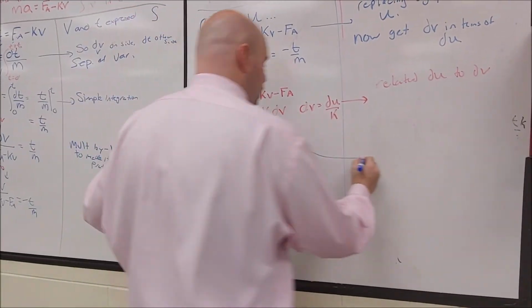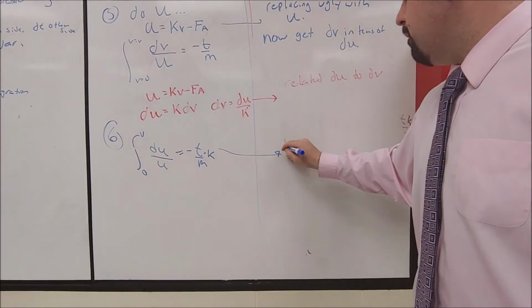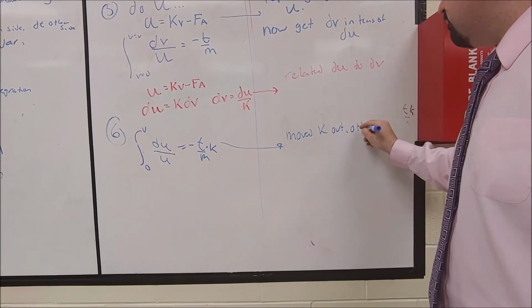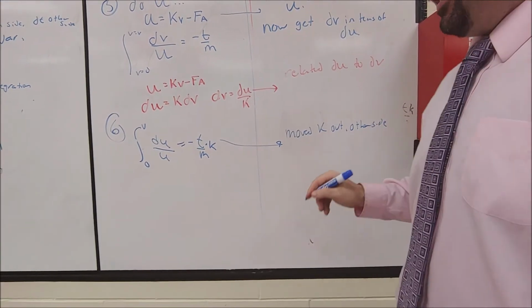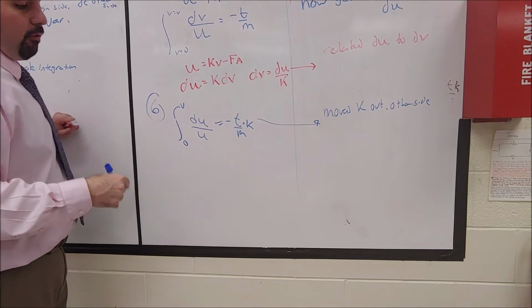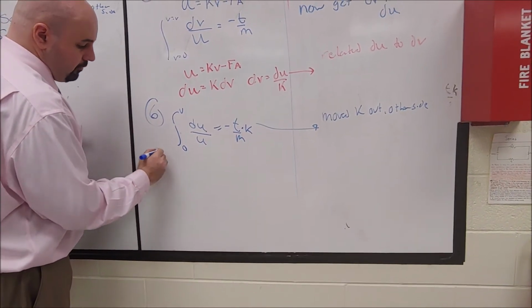And with your permission, I'm now going to move it on this side because this side's already kind of finished. So this is now move the k out and to the other side. Again, because it's a constant, I don't care about it in terms of integration. du over u, if you look on your formula sheet, you get natural log.